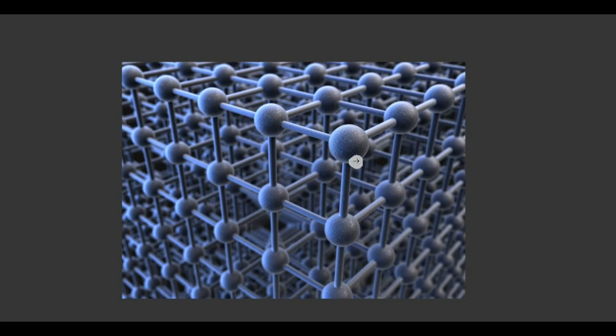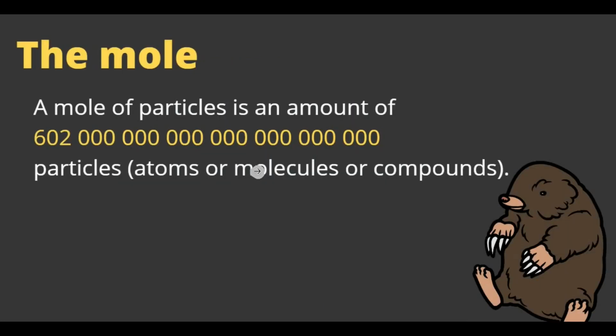And essentially this idea that there's so many particles even in the smallest amount of a material leads us to a concept that we describe as the mole. So it's important for you to understand what we mean when we talk about the mole, because you're going to use it a lot during this term if you're doing grade 10, right?